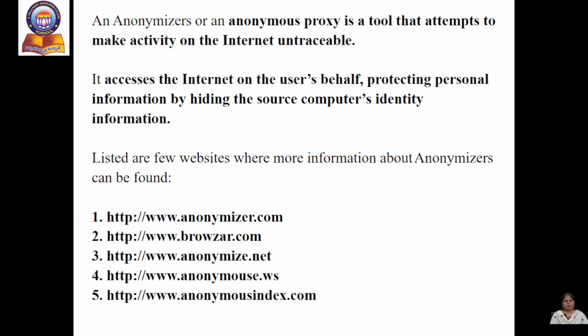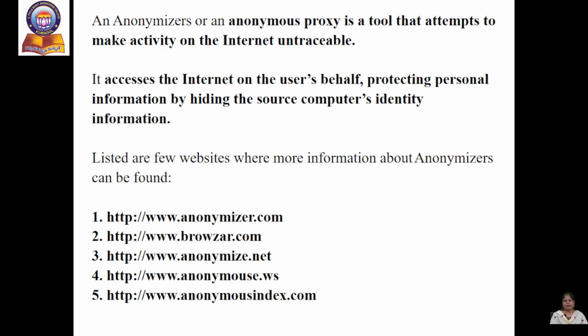Coming to how these proxy servers can be detected, we can use an anonymizer. An anonymized proxy is a tool that attempts to make activity on the internet untraceable. It accesses the internet on the user's behalf, protecting personal information by hiding the source computer's identity information.